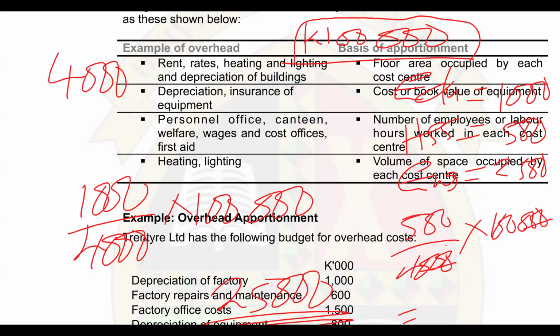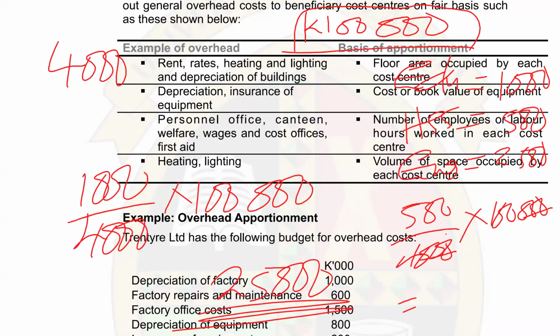How much does it give us when you divide 500 by 4,000 and multiply by 100,000? How much will Humanities contribute? 12,500. Yes.